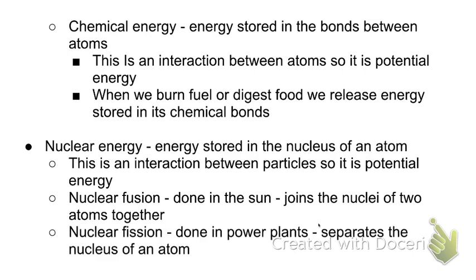And then nuclear fission, which is what we do in nuclear power plants, actually separates the particles in the nucleus of an atom. And again, tremendous energy is released. So both of these processes are releasing the stored potential energy that exists between the particles that make up atoms. Therefore, that energy is potential energy.